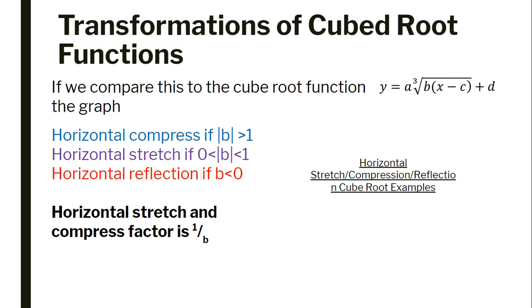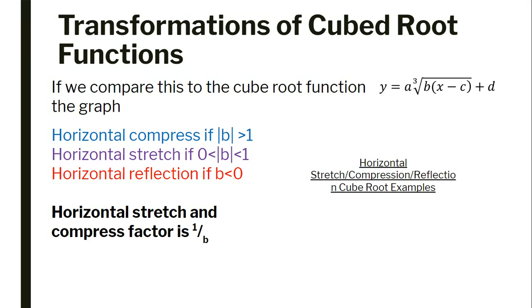In other words, if I had the cube root of 4x, that would be a horizontal compression by a factor of 1 over 4. If b is between 0 and 1, then it is a horizontal stretch by a factor of 1 over b. So you see, I'm taking the reciprocal of b to describe my factor.